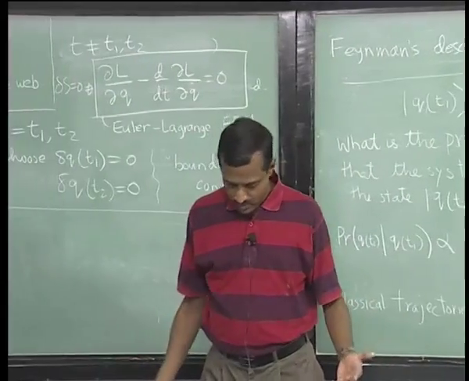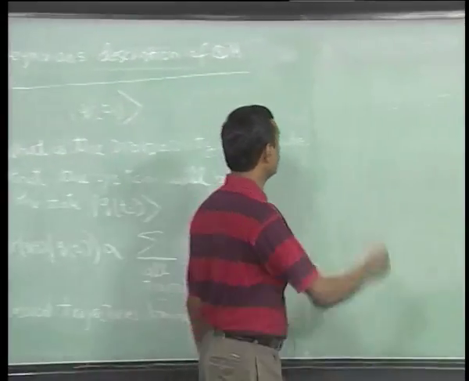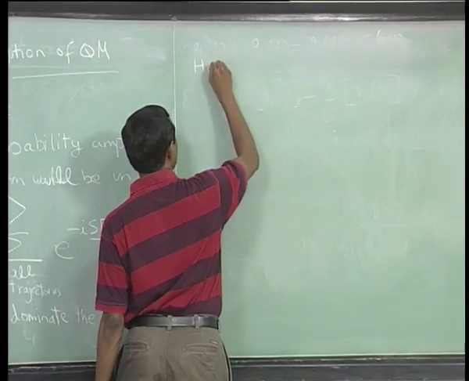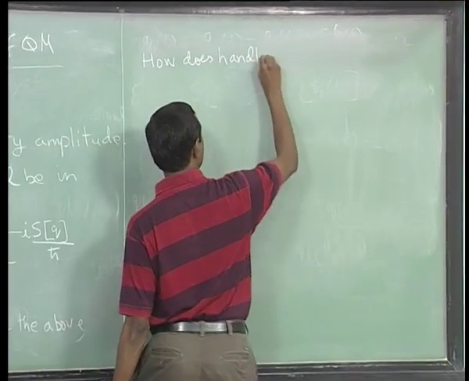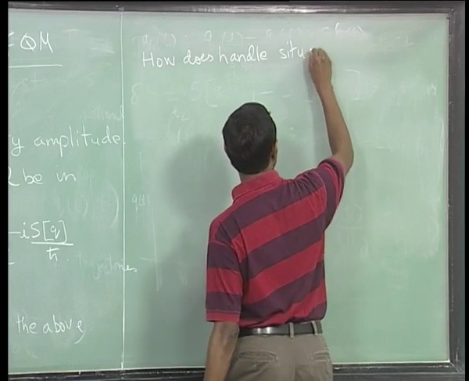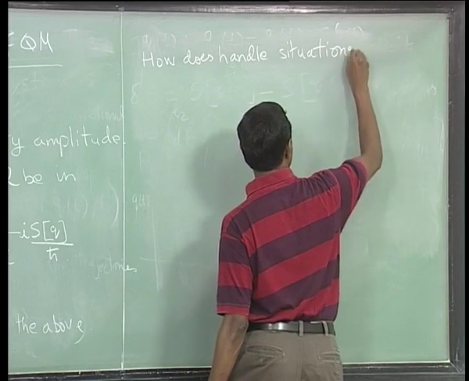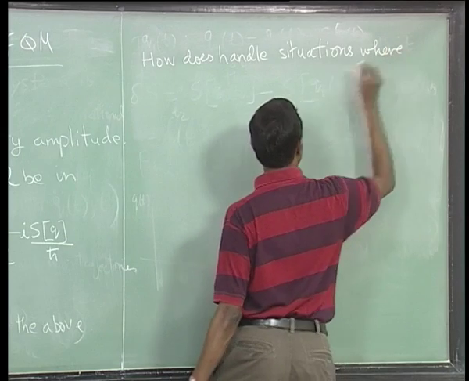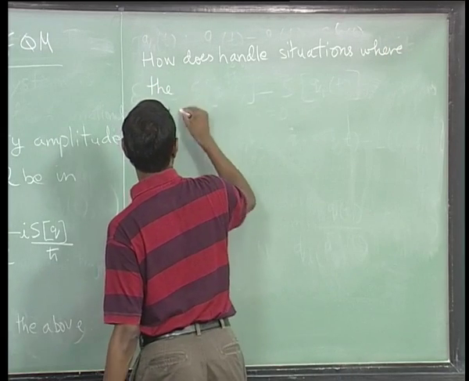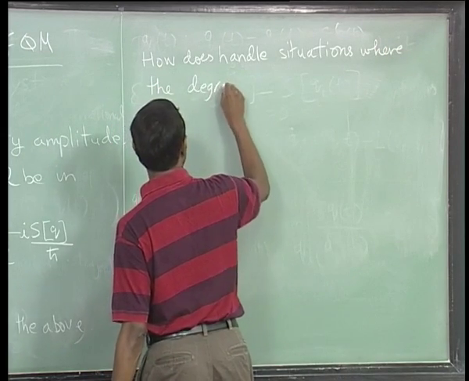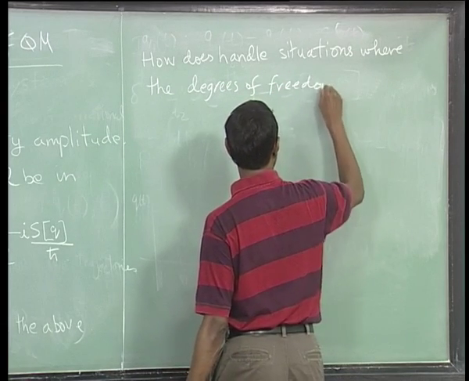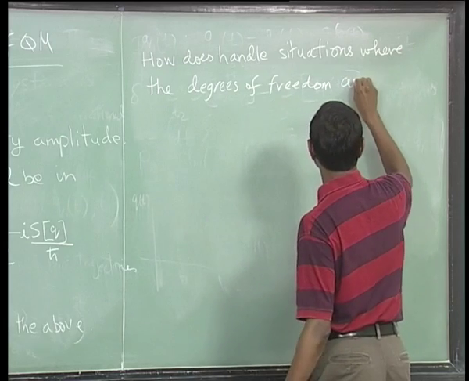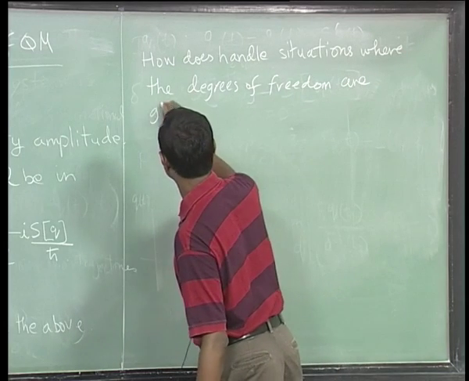And so the question is how does one handle situations where the degrees of freedom classically itself are given by a field.